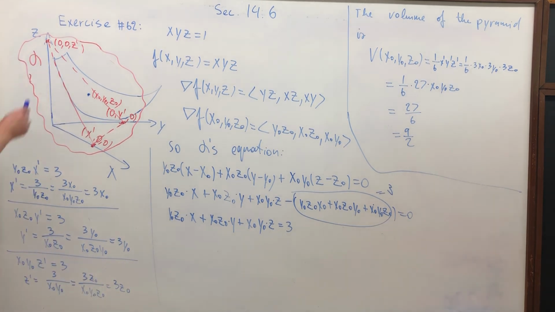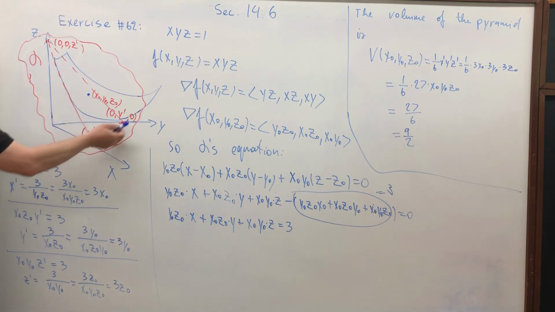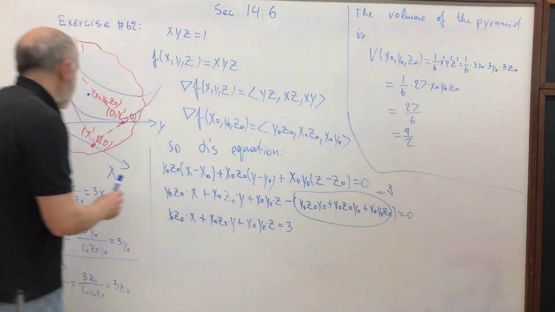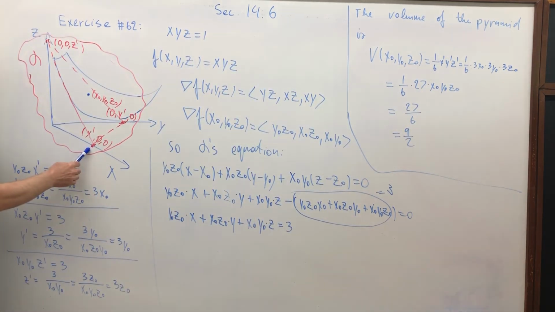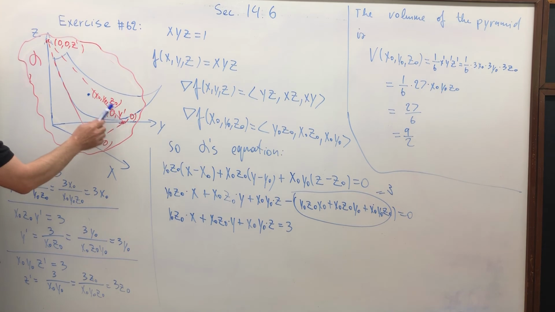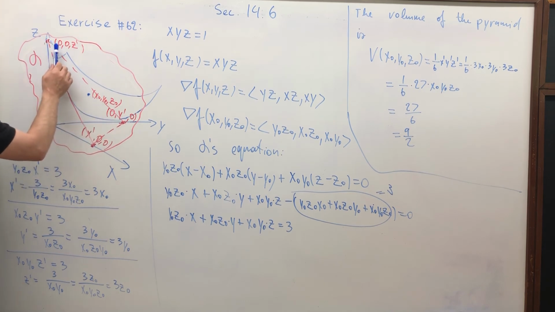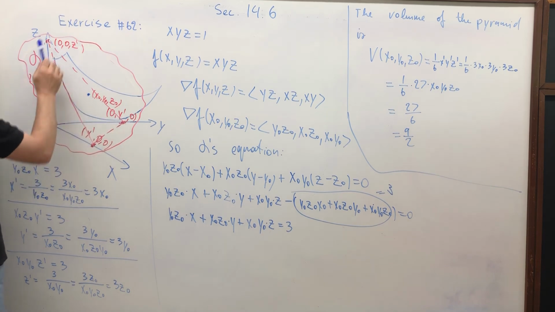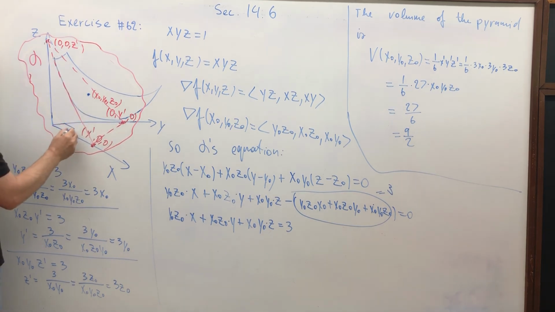The volume of the pyramid cut off from the first octant by the alpha plane is equal to 1 over 6 times x' times y' times z', because here you have a right angle, and here is a right angle, and here is a right angle.